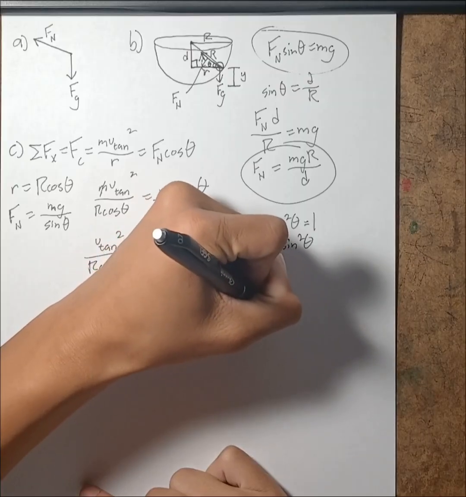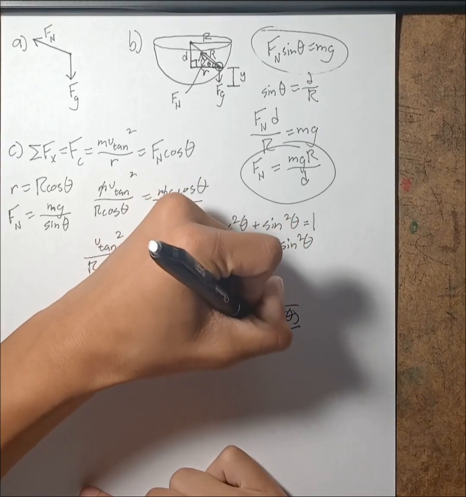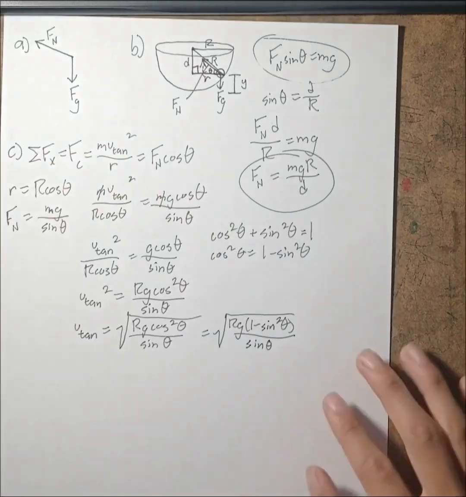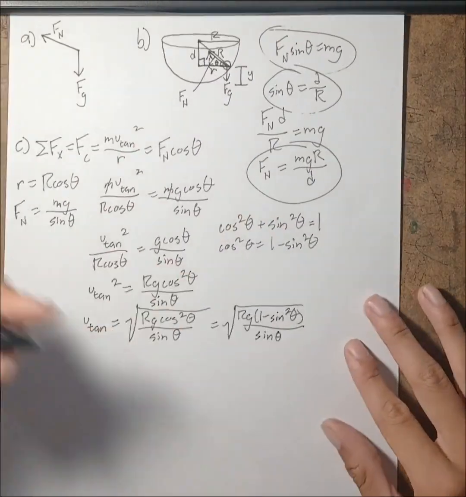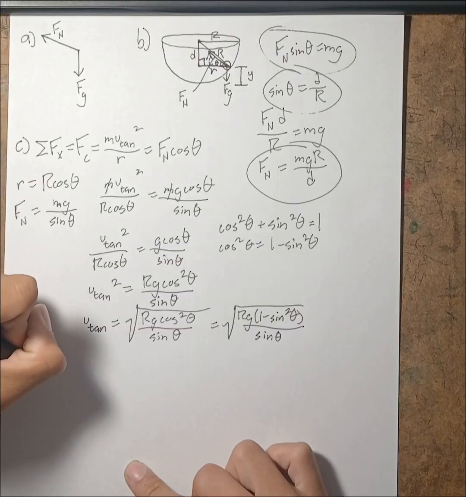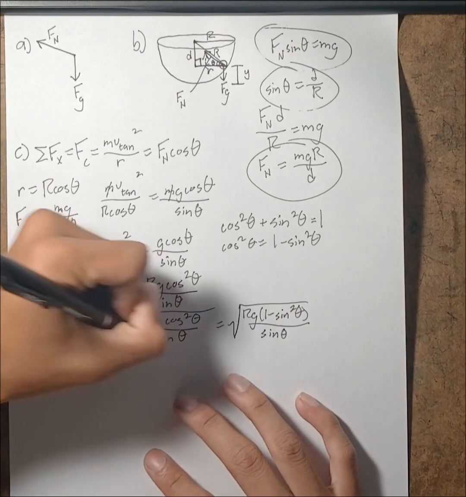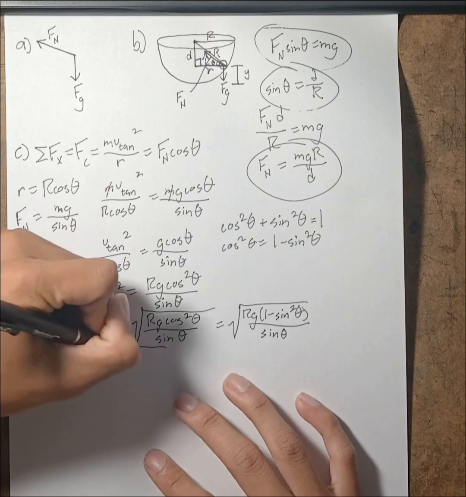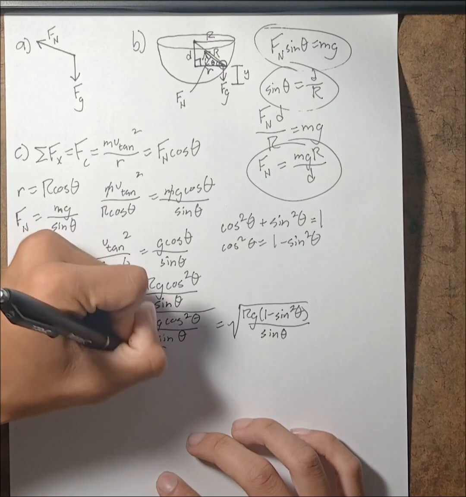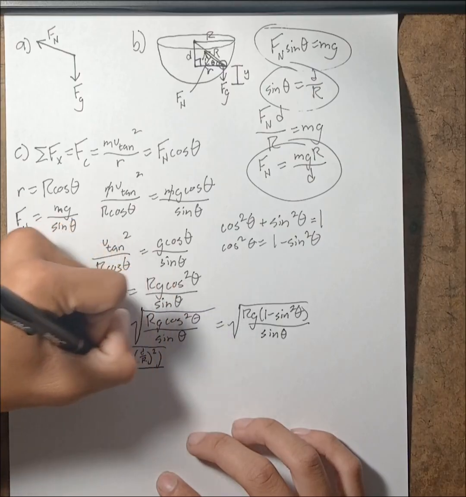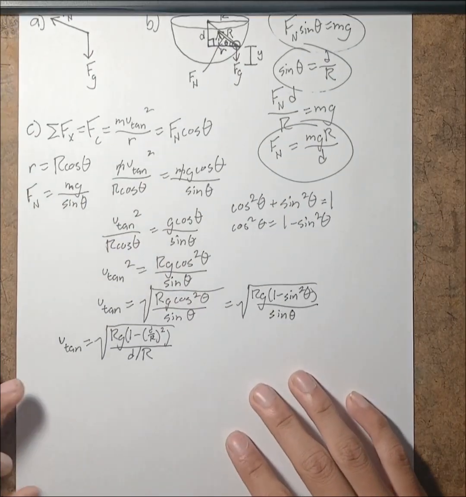1 minus sine squared theta over sine theta. And then we know again from part B that sine theta equals d over r, so we can put that in the equation as well. Root Rg times 1 minus d over r squared over d over r, like that.